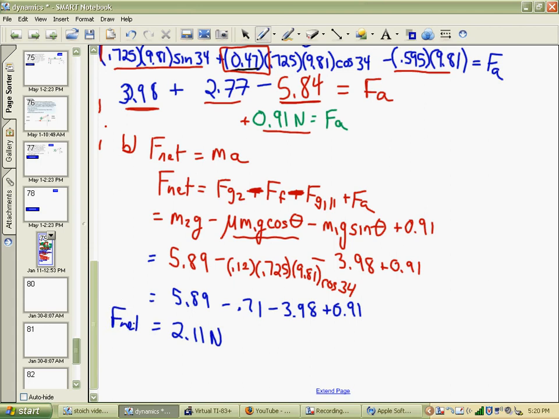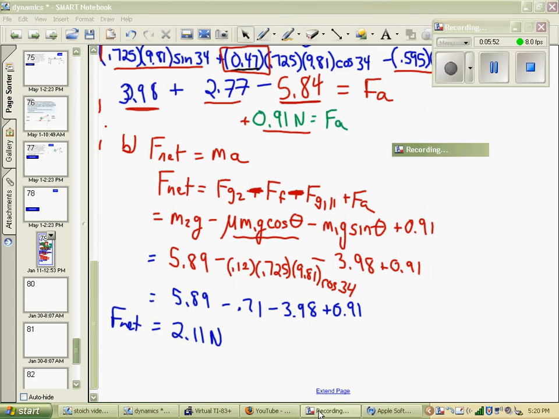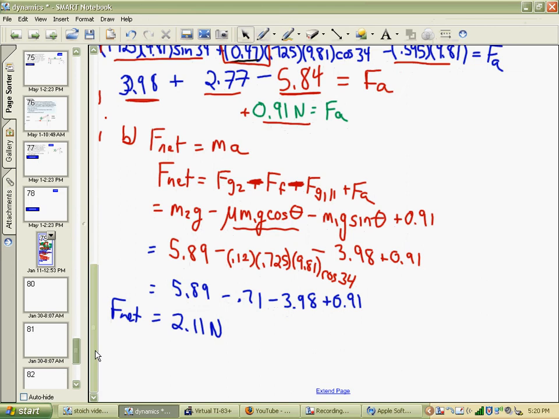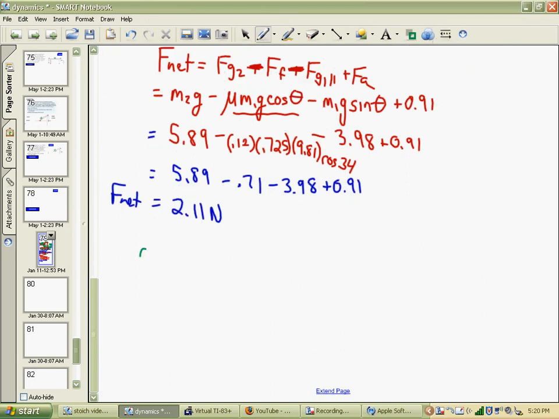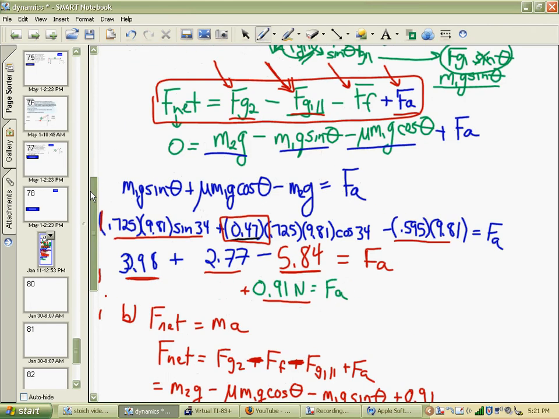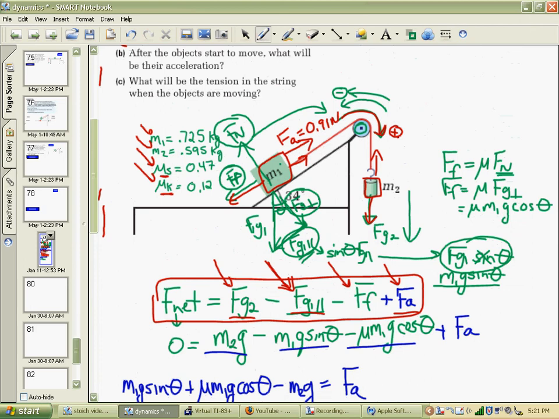So we can get our acceleration now by taking the net force and dividing it by the mass. So 2.11 newtons is the total force now, and the mass, well, you have to realize way up here we've got two masses that are in motion and experiencing that acceleration.